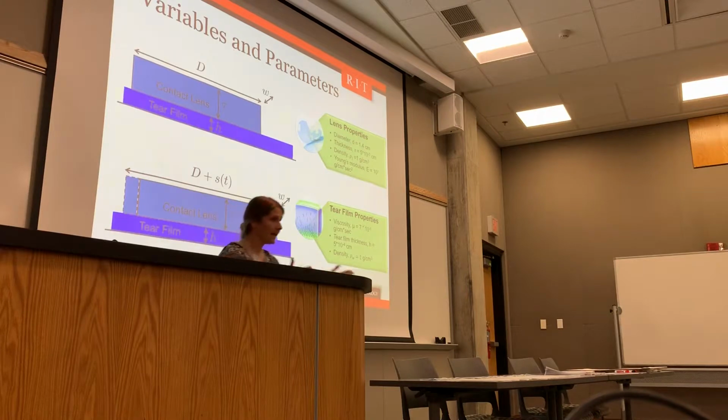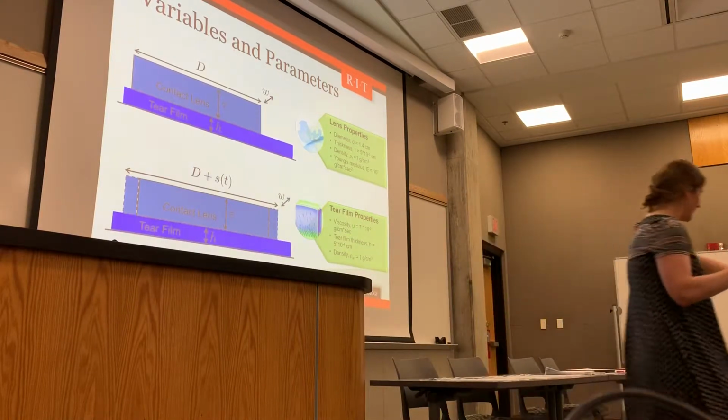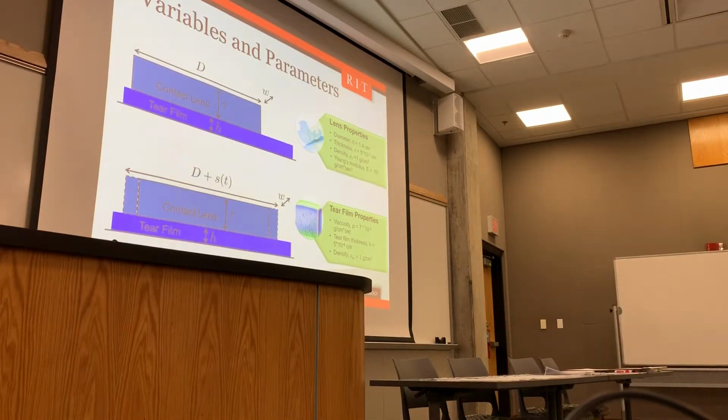So imagine in my experiment, remember what I'm doing is I'm taking my contact lens and I'm stretching it, okay? And so I need to describe that stretch. I need to name that thing. And this thing is a variable because it's going to change with time. That's the thing I want to keep track of. So I'm going to have S. S is my variable. It's going to change with time.